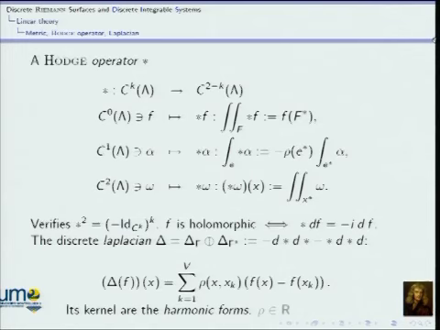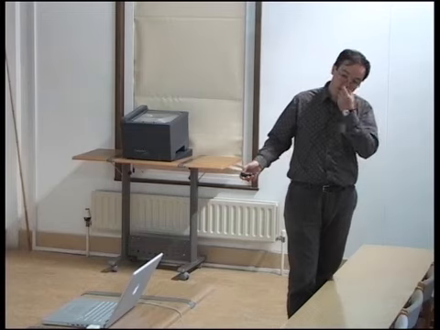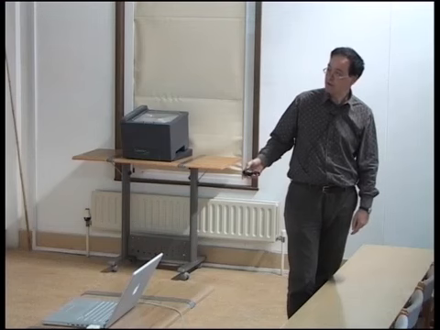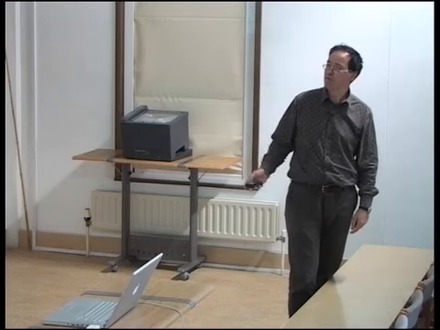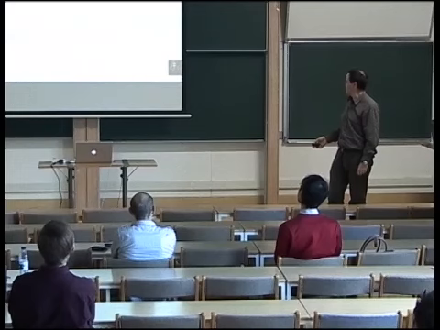Out of that, you can define the discrete Laplacian by the same formula as in the continuous, and you end up with the Laplacian of a function at the vertex x is simply the weighted average, the weighted differences all around a vertex x. And this is a very well-known formula. It was defined for the first time in the 19th century. It's been known for a very long time.